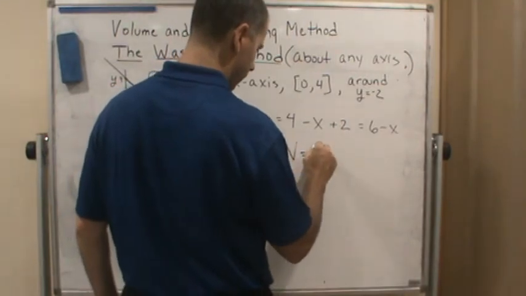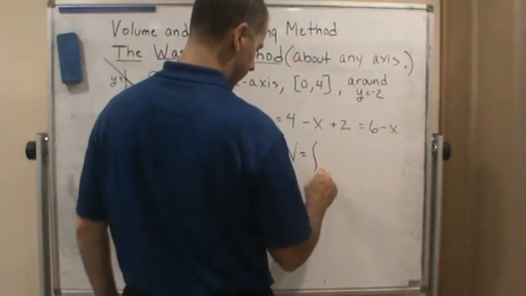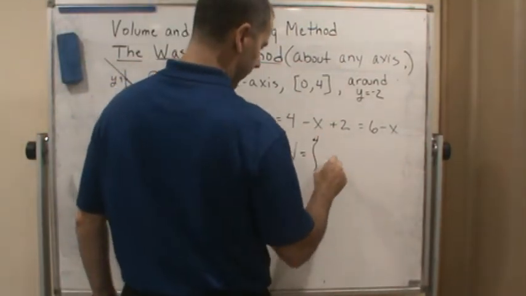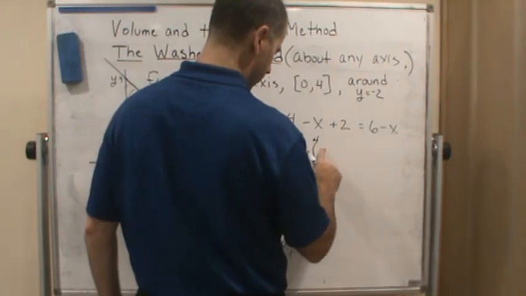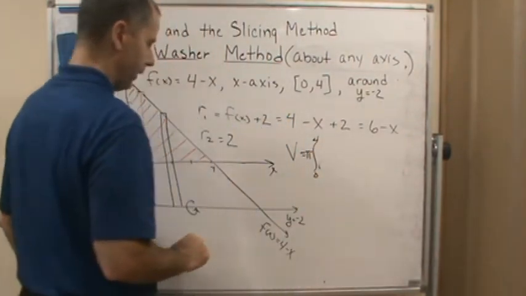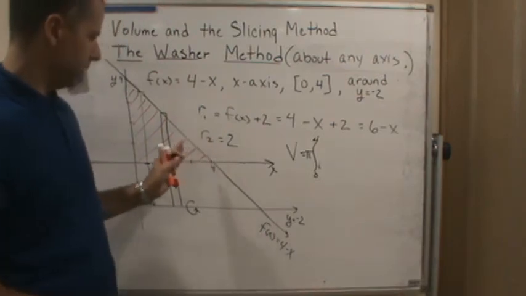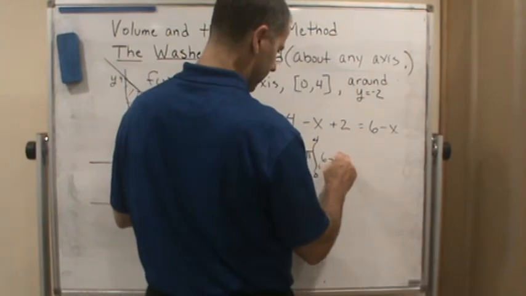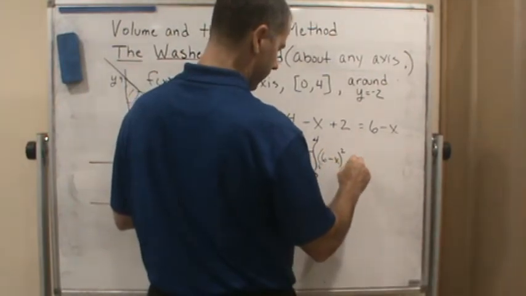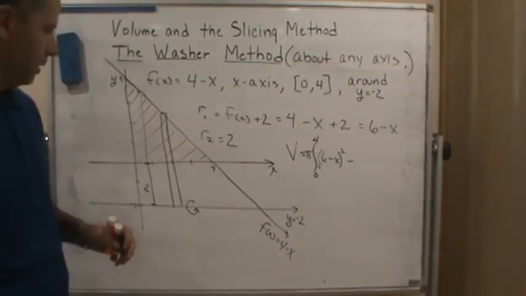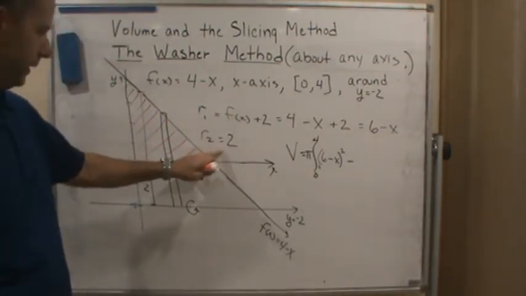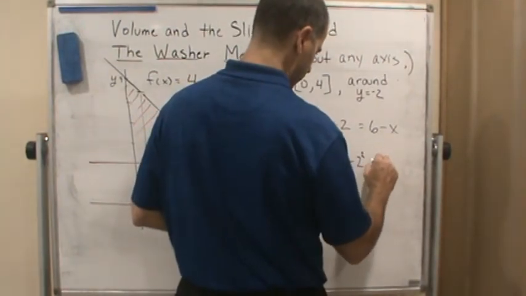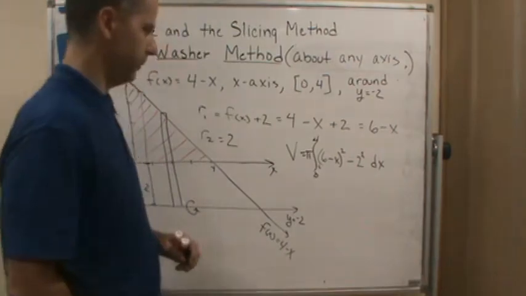So volume equals the integral from 0 to 4, and I'm going to pull the pi out. Now it's going to be the radius squared, so 6 minus x squared, minus the inner radius squared, which is 2 squared, dx.